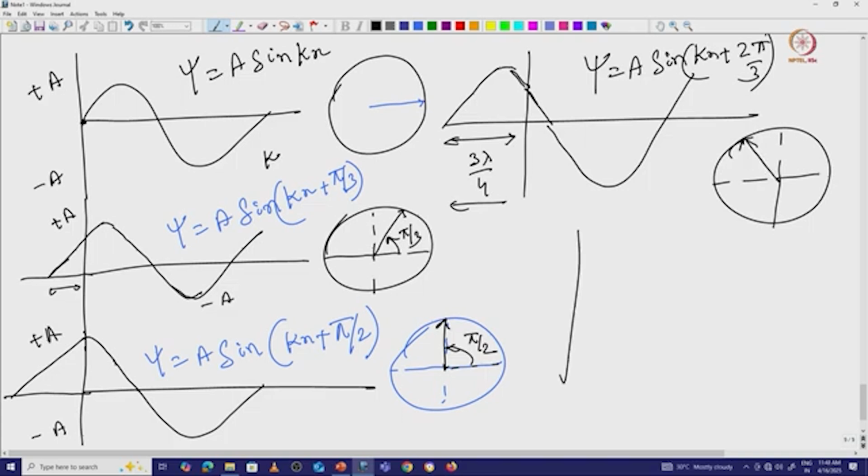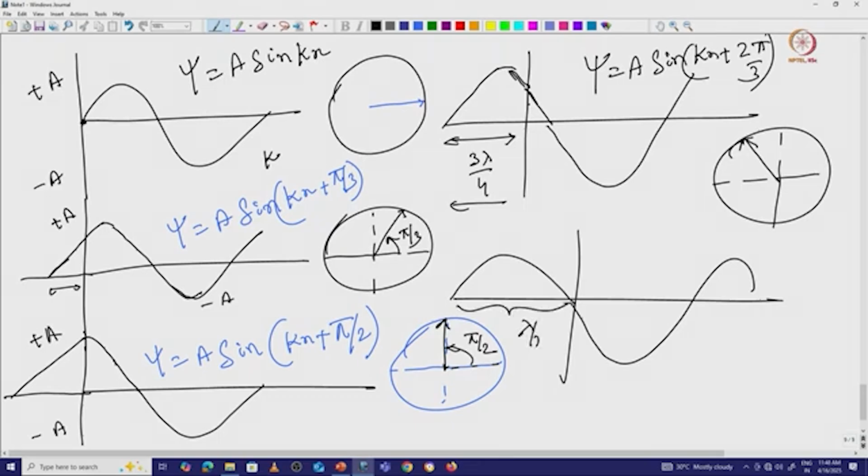Now, where will it be a complete half wavelength change? In this case, initially this is a 3 lambda by 4 wavelength change, but here it is a complete lambda by 2 phase difference. Now, if we want to write the equation, we can write it like that.